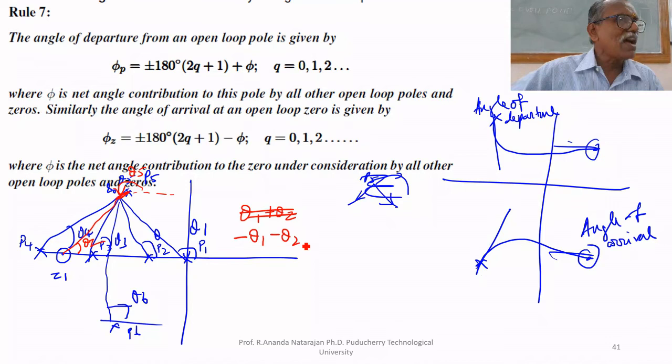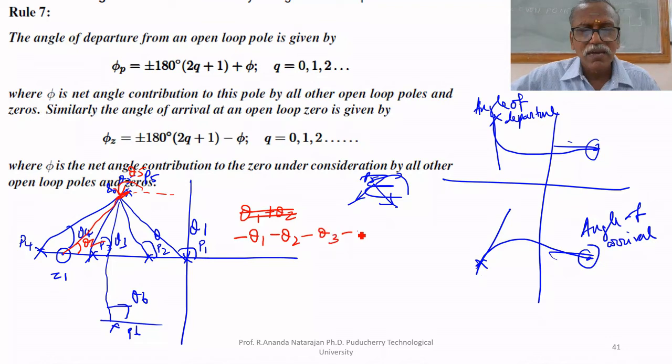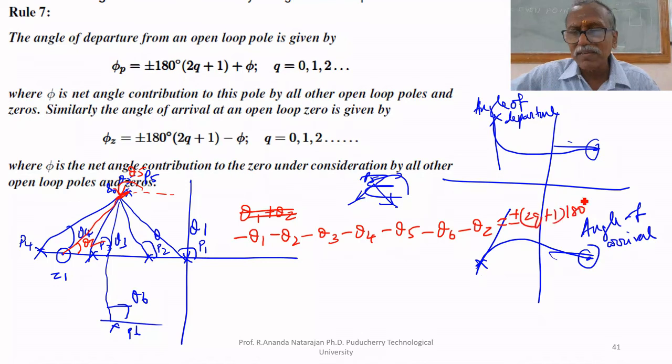Because theta 1, theta 2, theta 3 are for poles. Minus theta 3, minus theta 4, minus theta 5, minus theta 6, and for Z1 there is also an angle, let us call it theta Z, so plus theta Z, equal to plus or minus 2q plus 1 multiplied by 180. Am I correct or not?